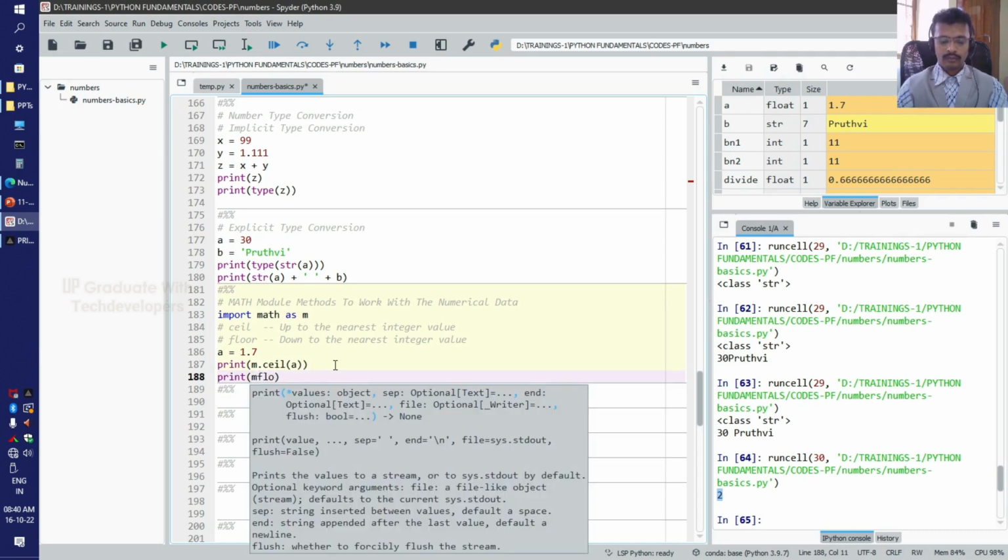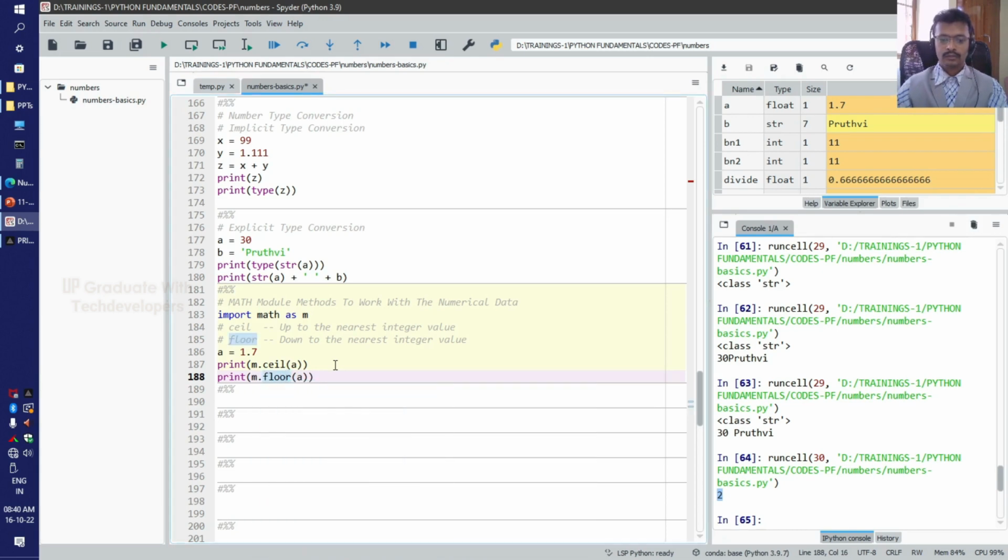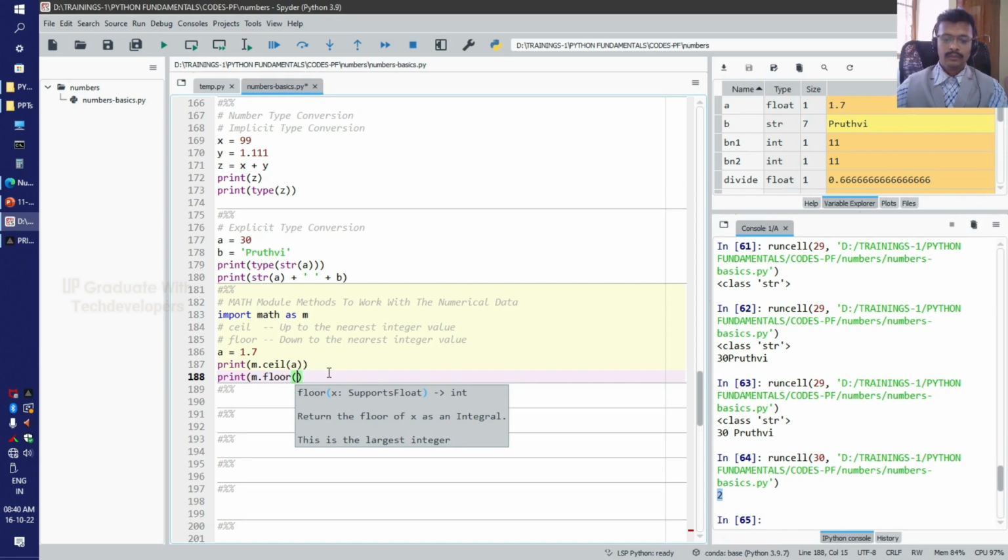The floor value, m dot floor. It will convert the floating point value down to the nearest integer value.